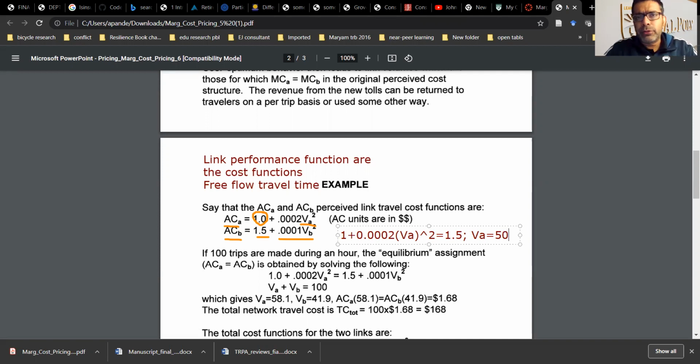how would you, so my next question for you is, and I'm going to type that up also. So once you figured out VA equal to 50, now the question is, if total demand is 40 trips per hour, how would they distribute themselves on both routes?